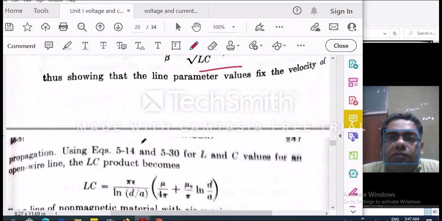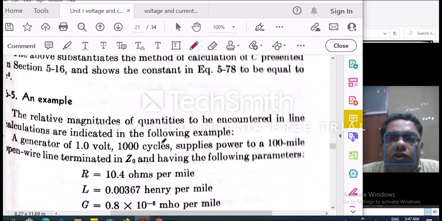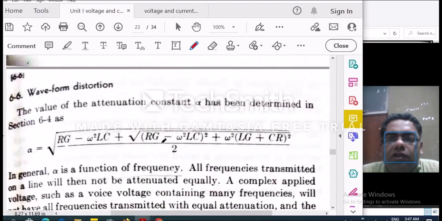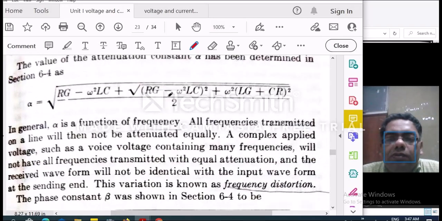Now let us move on to another important concept, the distortionless line. What do you mean by waveform distortion? We know that the expression for alpha is given by this expression, so alpha is a complex function of frequency. Suppose on the transmission line we are transmitting our voice.